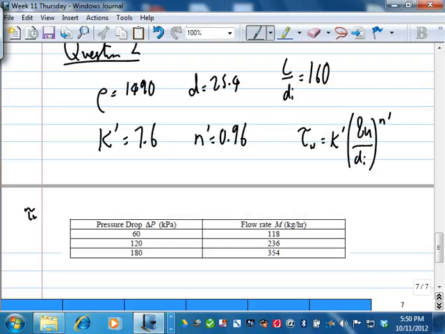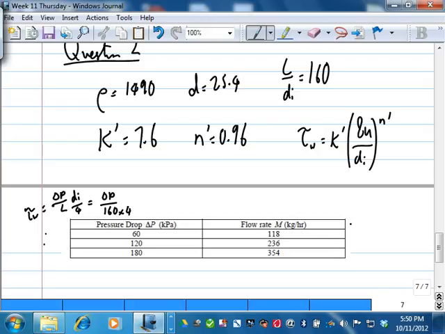The shear stress on the wall is also equal to, what is it? Delta P over 4L. Alright, this one is very easy. They gave L over D as 160 already, so it's delta P over 160 times 4. For each one, calculate the number here, here, and here.